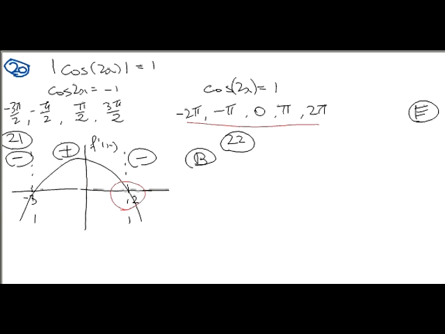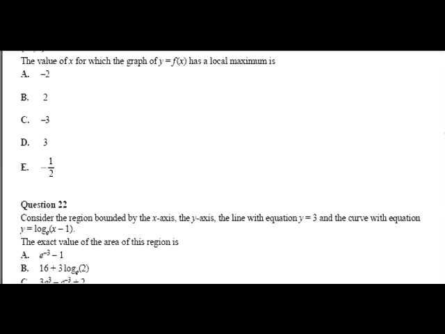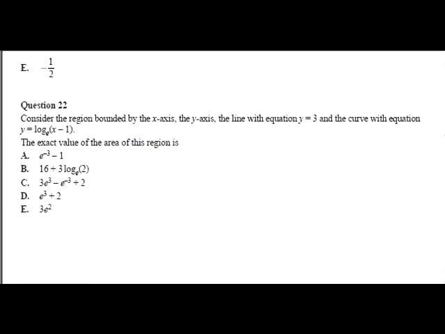Last question. See if we can squeeze it onto this same page. The final question says you've got a region bounded by a curve of sorts, and you need the exact value of the area of this region. Smart thing is probably to sketch it.